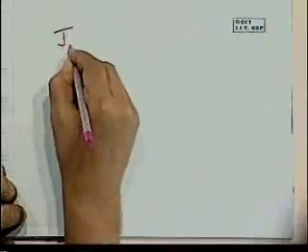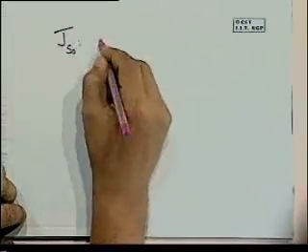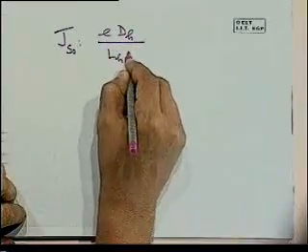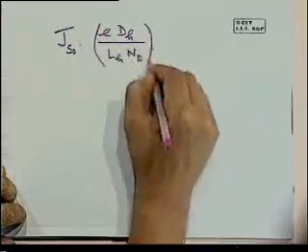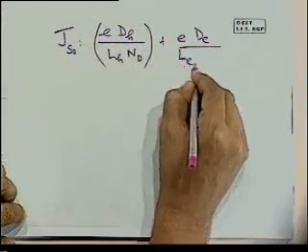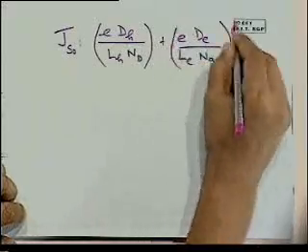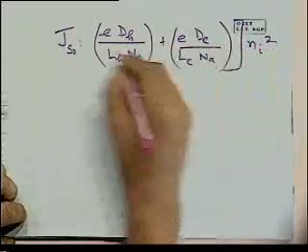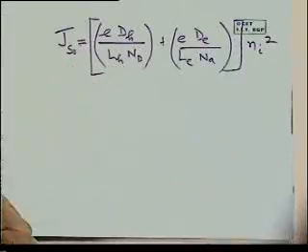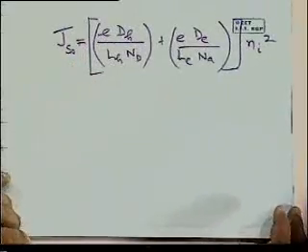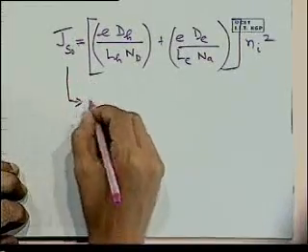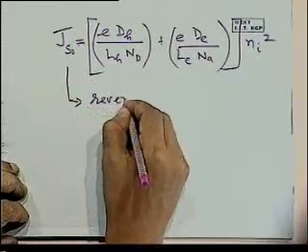And the expression for J_S0 then simply is e D_H by L_H N_D plus e D_E by L_E N_A, and we take the n_i squared common outside. These are just the common terms for the diffusion current related to hole and electron. J_S0 is referred to as the reverse saturation current density.